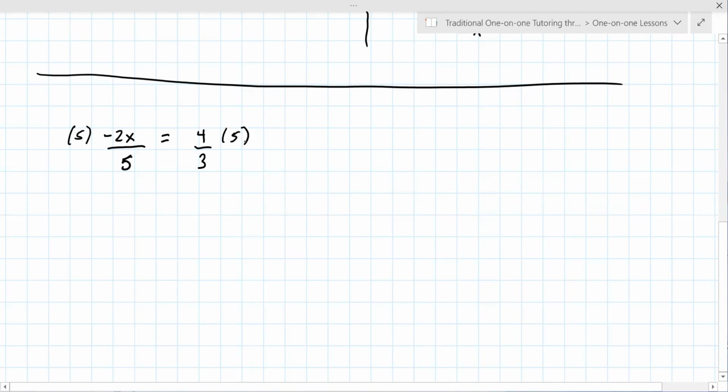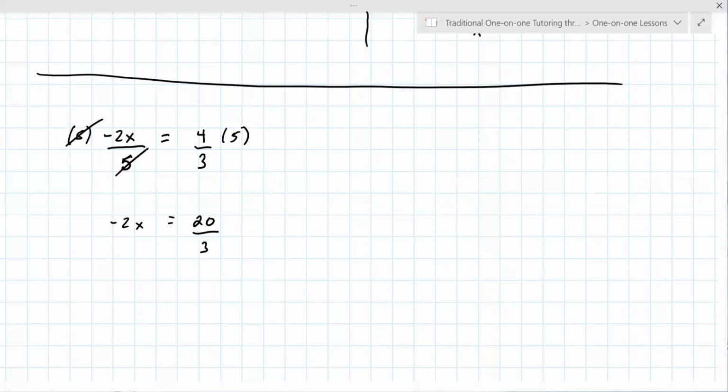Yeah, and that's fine. So on the left here, you get -2x equals 20/3. Why is it -2x on that side? Because the 5 only cancels with that 5 on the bottom.